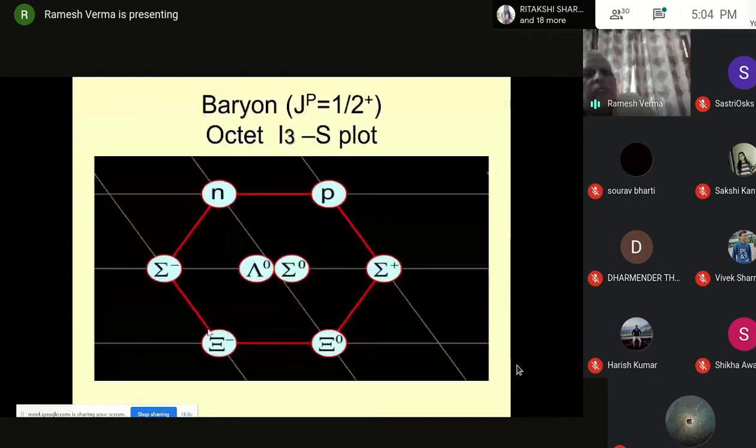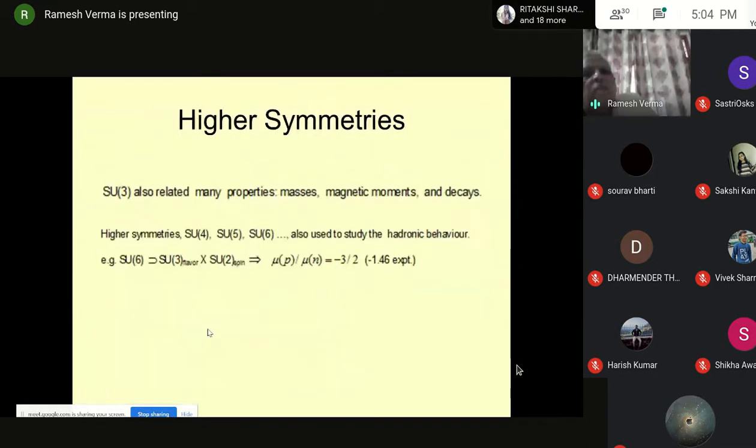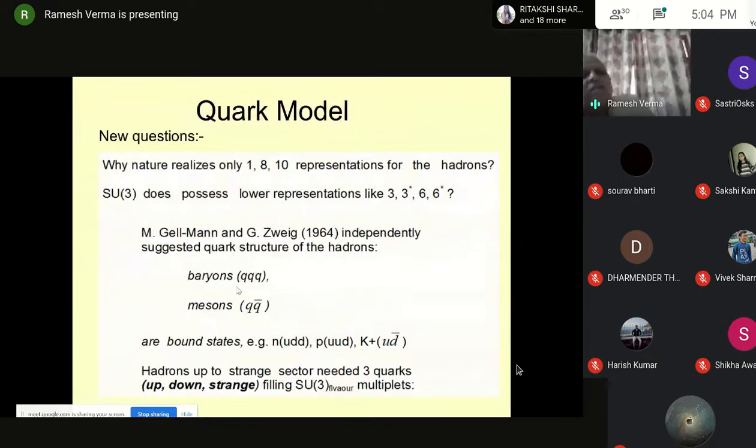That ultimately led us to an understanding of another layer of the onion, because when you answer some question, you end up with new questions. So why does nature realize only the 1, 8, and 10 representations for the hadrons, whereas SU3 does possess lower representations like 3 star, 6 star?